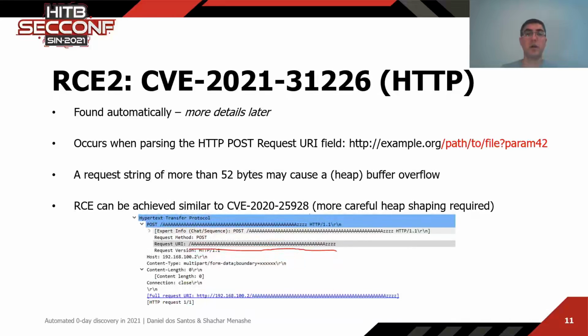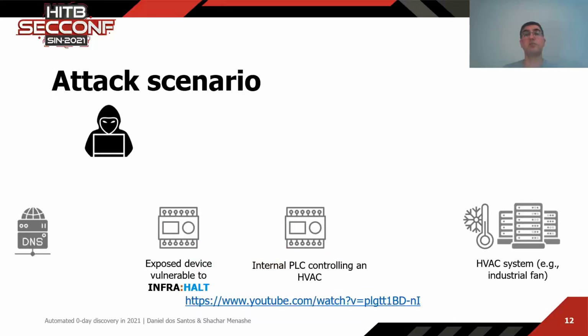If you have devices that are externally exposed and vulnerable to InfraHalt, and then you have internal devices that may also be vulnerable to other things and that are controlling critical operational technology processes, such as heating, ventilation, and air conditioning in a smart building, in a data center, or in any place that needs temperature control, for instance.